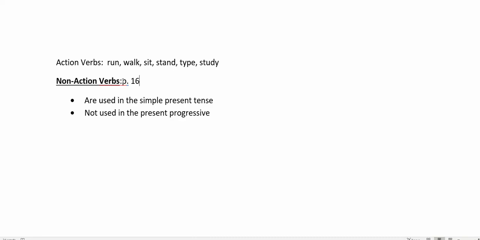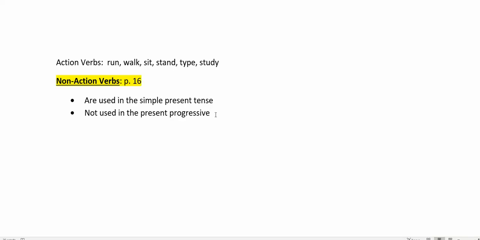It is a very important list of verbs, so you should study it not once, but twice, 3 times, 4 times, because it is used in so many different grammar points in the future. Later in 1300 and again in 1400, 1500, you will have to remember which verbs can be used in the simple present and or the present progressive. You're going to have to know this list.